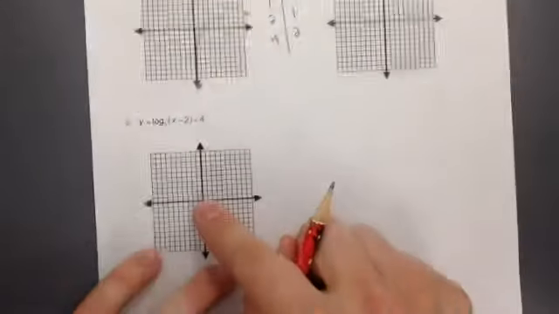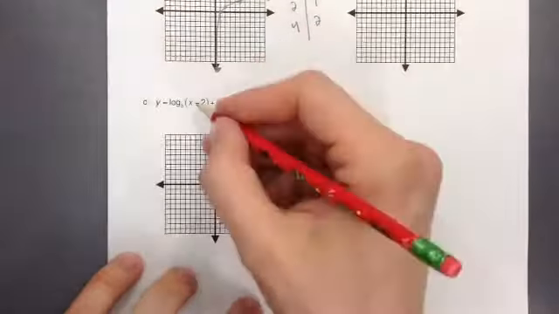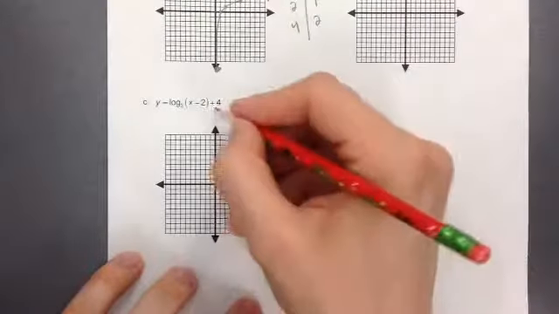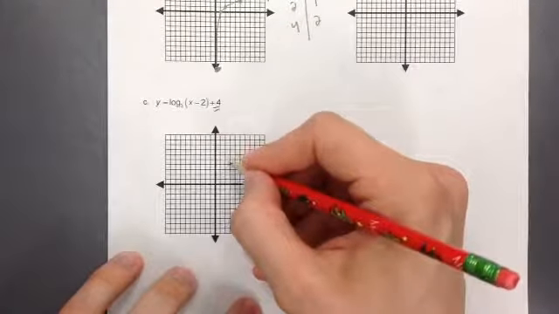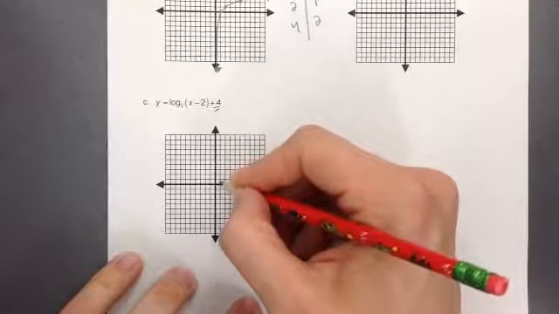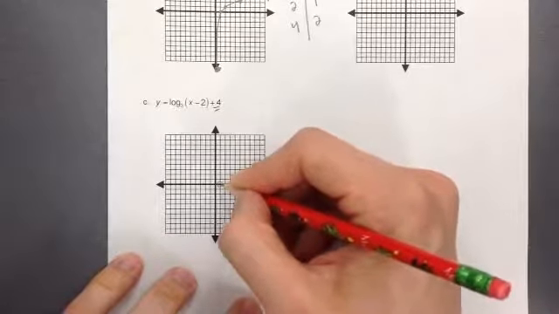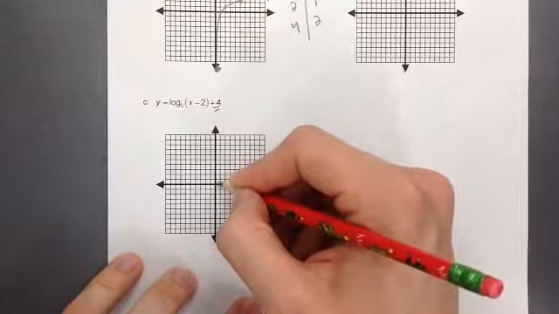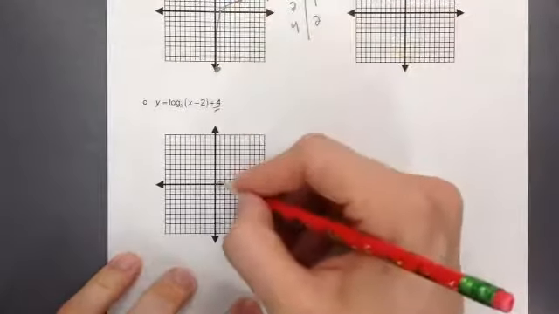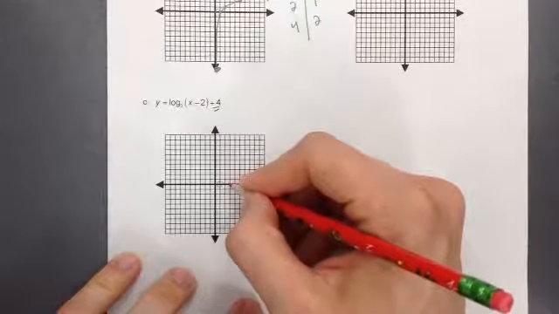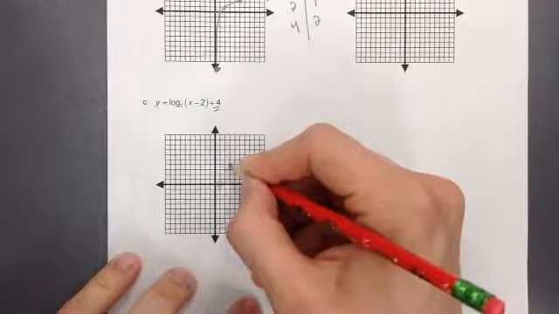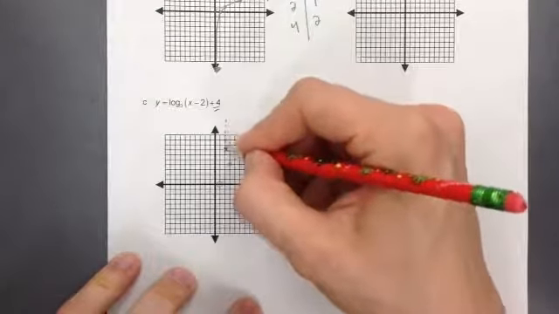Now I'm going to go straight to this one because it's got an adjustment. So I'm going to the right 2 just like I do always. I'm going up 4 just like I do always. So again, I would start here at 1, 0. I'm going to move that starting point just like I did here, over 2 and up 4. And so I'm going to imagine that my y-axis is right here.